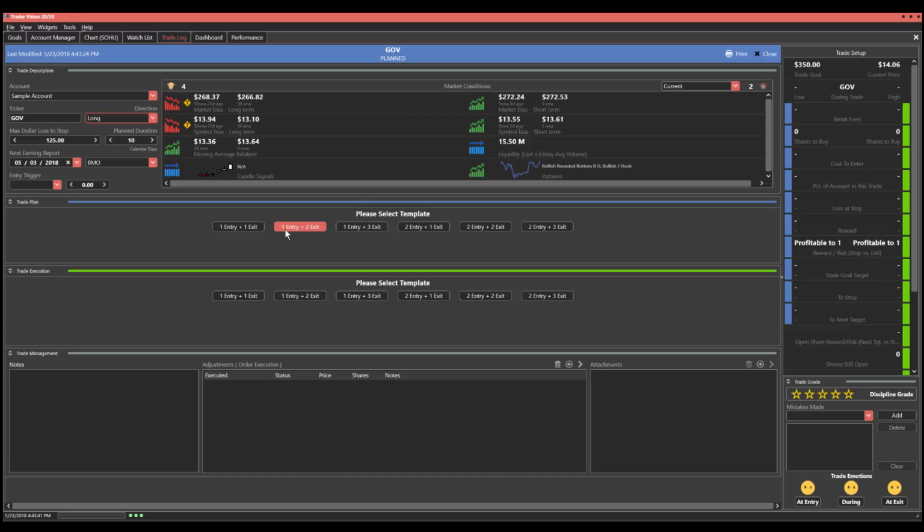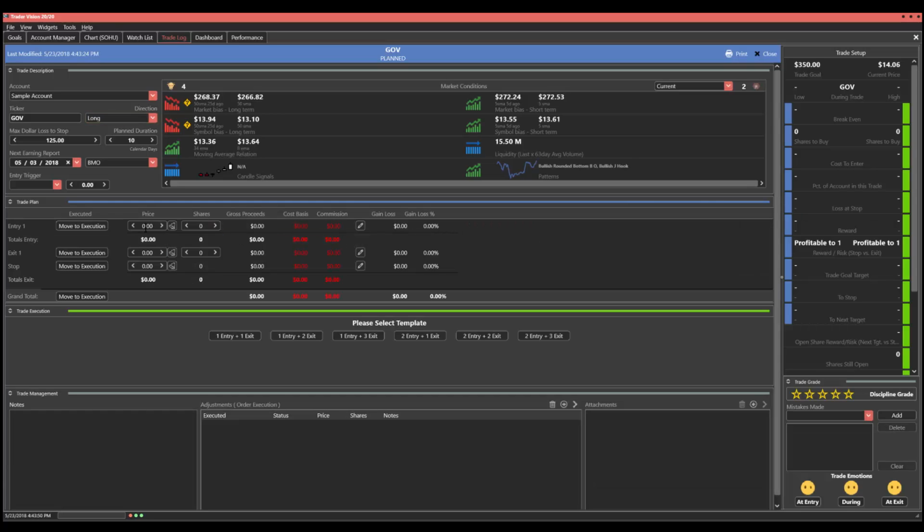And I think I said 2 targets. Let's just do it this way: 1 entry, 1 exit. So the entry was 1410. The target was 1540. The stop was 1360.